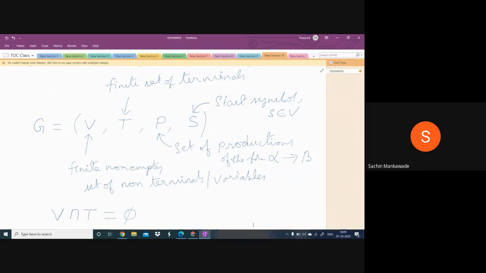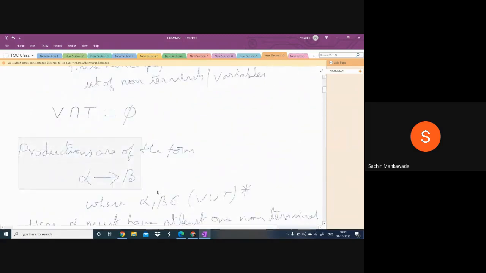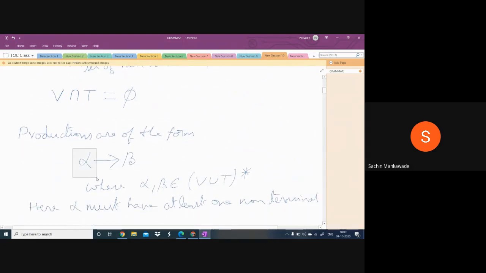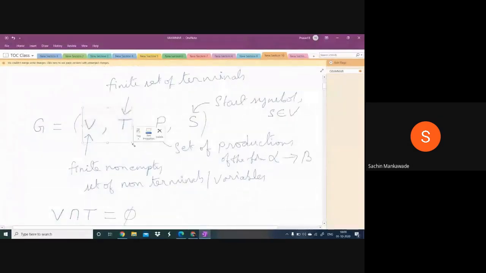Next. Now, the productions are of the form alpha derives beta. Here, the left side of the arrow is alpha and the right side of the arrow is beta.